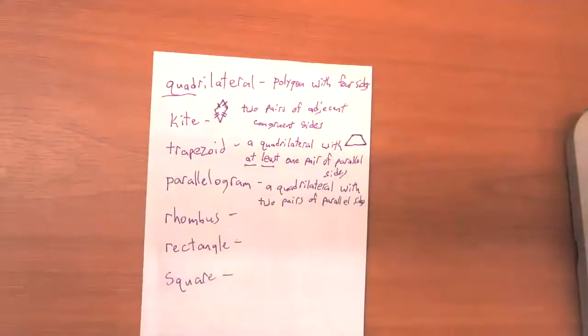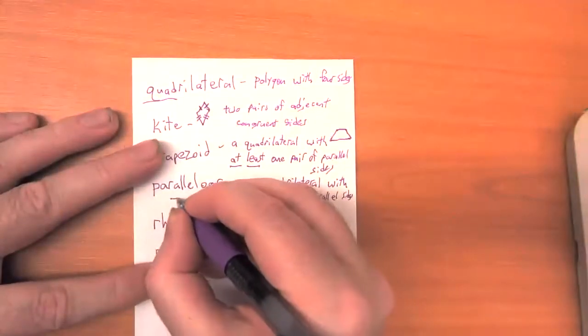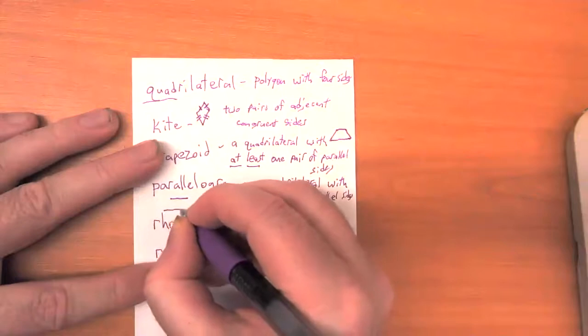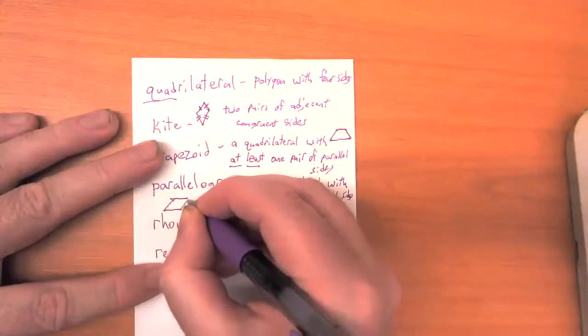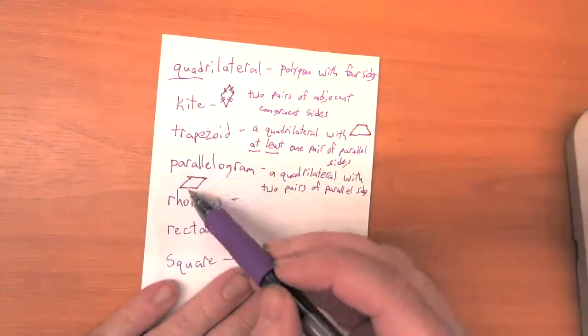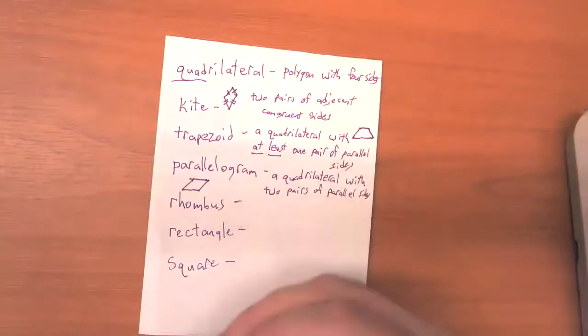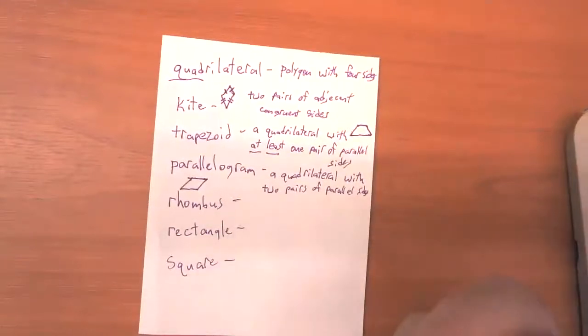All right, so if the top and bottom sides are parallel and the left and right sides are parallel, then we have a parallelogram. So this might be our go-to picture of a parallelogram. Okay, so the top and bottom sides are parallel, the left and right sides are parallel. The other 3 things are all examples of parallelograms.